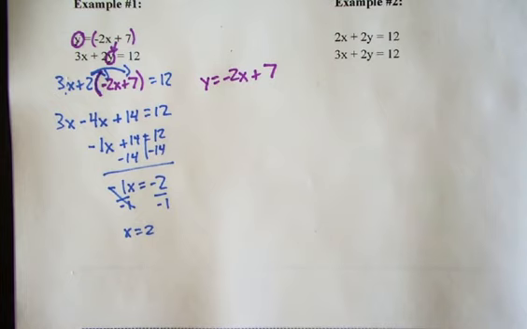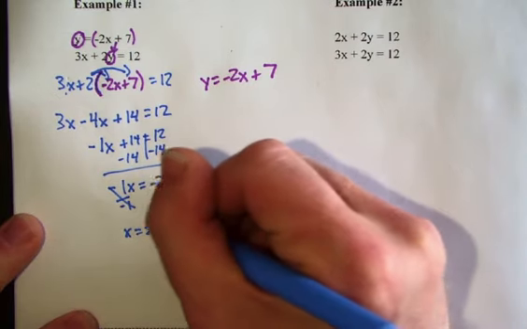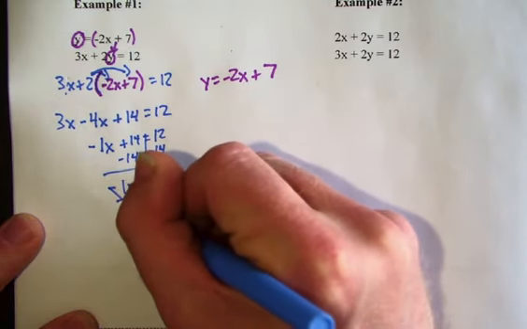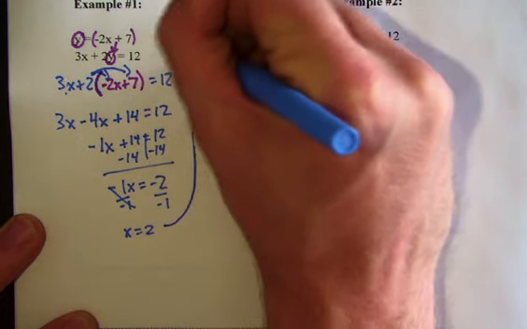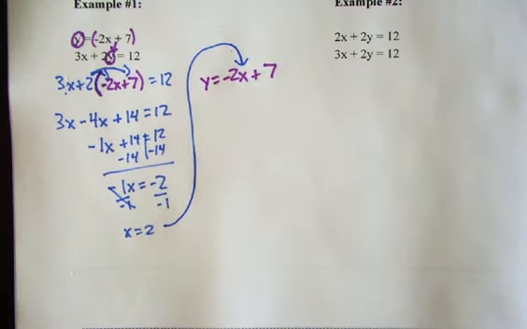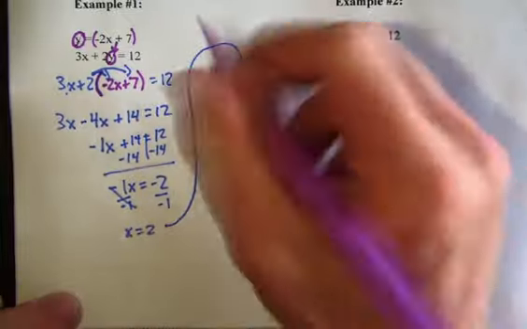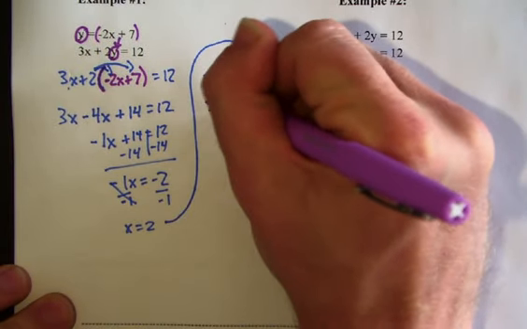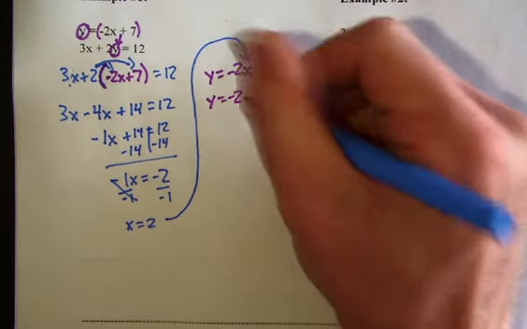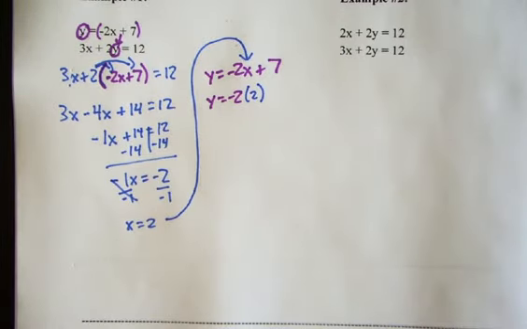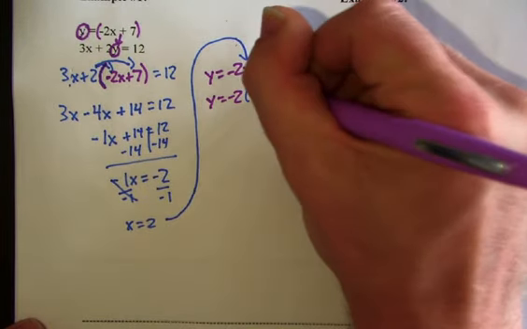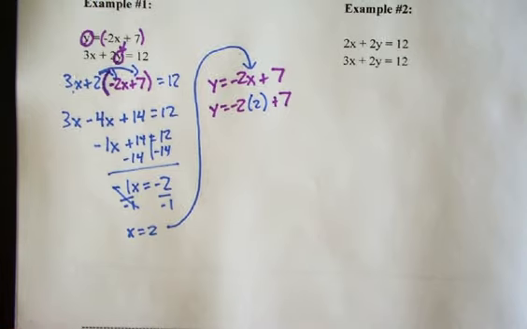And I'm going to plug this 2 in for x. Okay? So I've got y equals negative 2 times 2 plus 7. I'm trying to use colors because I think it'll help you out a little bit.